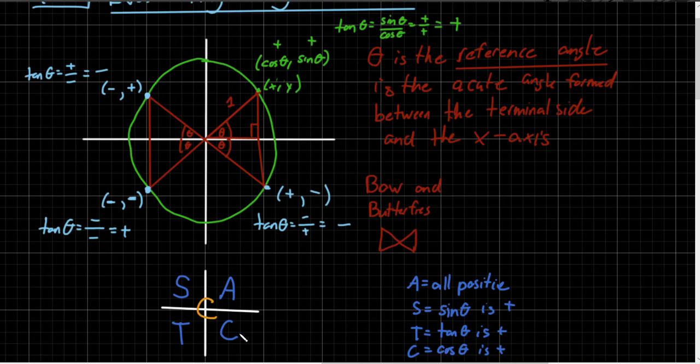So if I said, where is sine negative and cosine positive, which quadrant am I in? 4. So cosine is positive here or here, and sine is only negative down here. Yep. Okay, so where is tangent positive but cosine negative? Where is tangent positive?